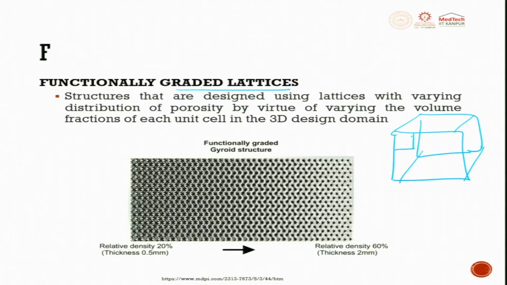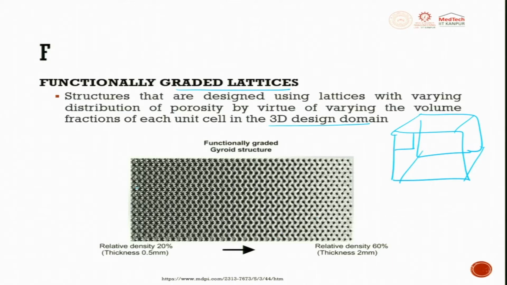If you are trying to change this lattice, then you get functionally graded lattice structures that are designed using lattices with varying distribution of porosity by virtue of varying the volume fraction of each unit cell in the 3D design domain.